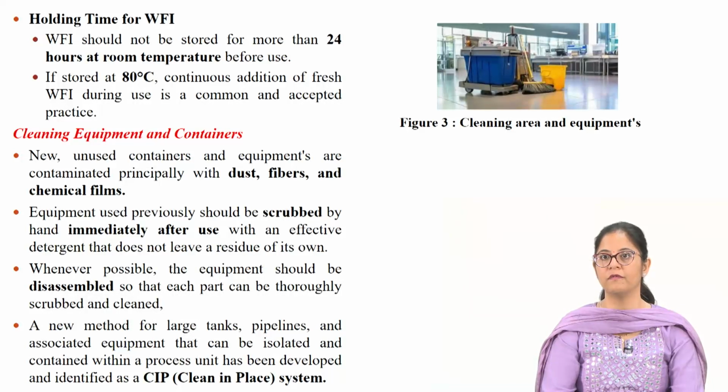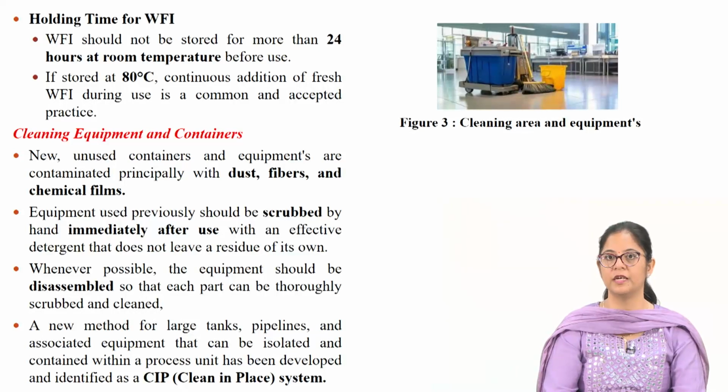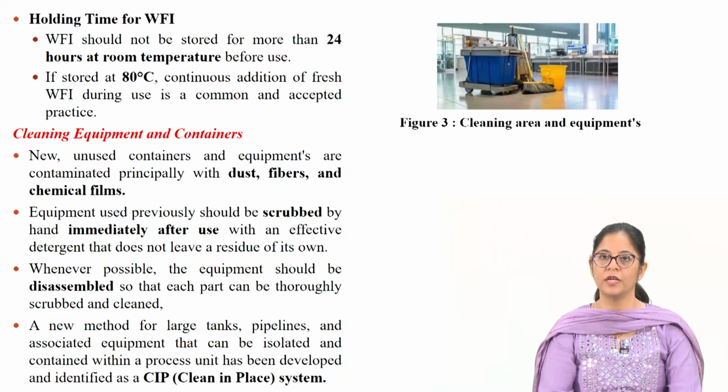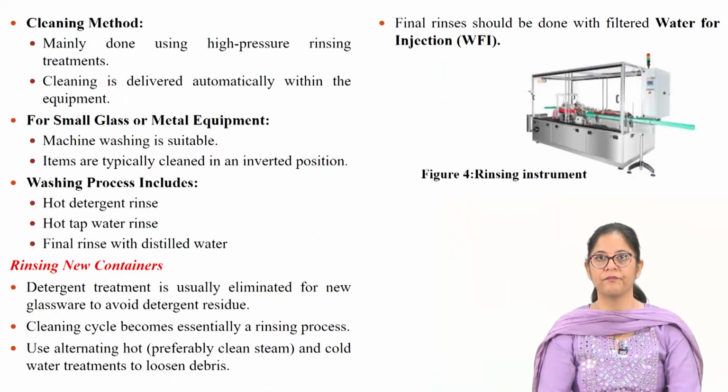Wherever possible, the equipment should be disassembled so that each part can be thoroughly scrubbed and cleaned. A new method for large tanks, pipelines and associated equipment that can be isolated and contained within a process unit has been developed and is identified as the clean in place system for cleaning of the equipment.